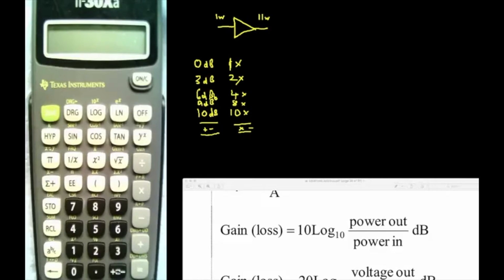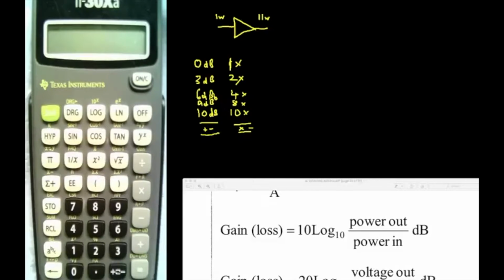The closest I can get is 10 times, which is a 10 dB gain. But I want 11 times, and I'm struggling to make up 11 from these linear ratios.